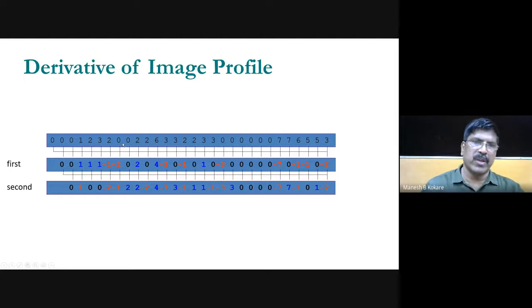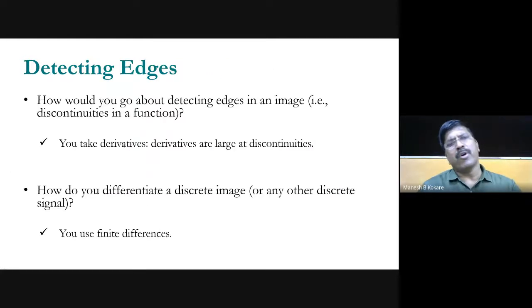Now, for detecting the edge, how would you go about detecting the edges in the image? For example, if there is a discontinuity in the function, you have to take the derivative. So derivatives are large at discontinuities. And the second question is how do you differentiate a discrete image or any other types of signals? You have to use finite differences in that case.